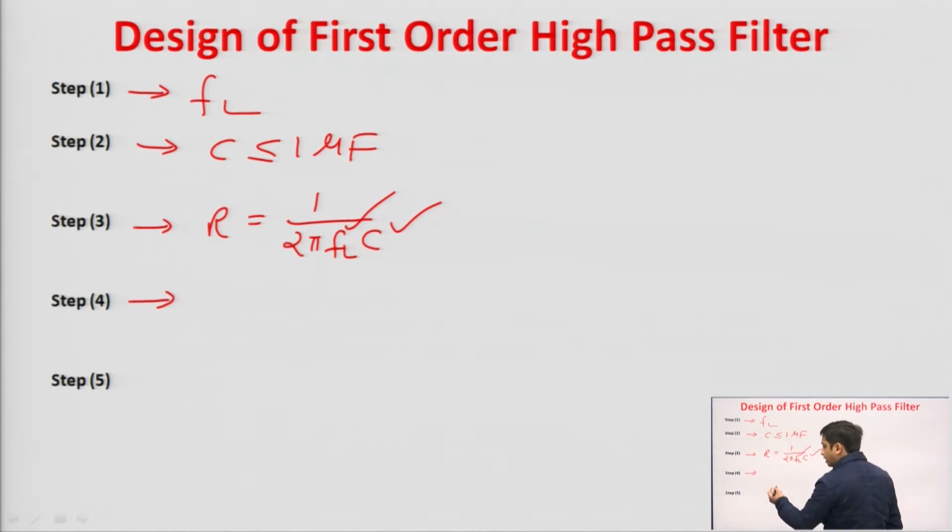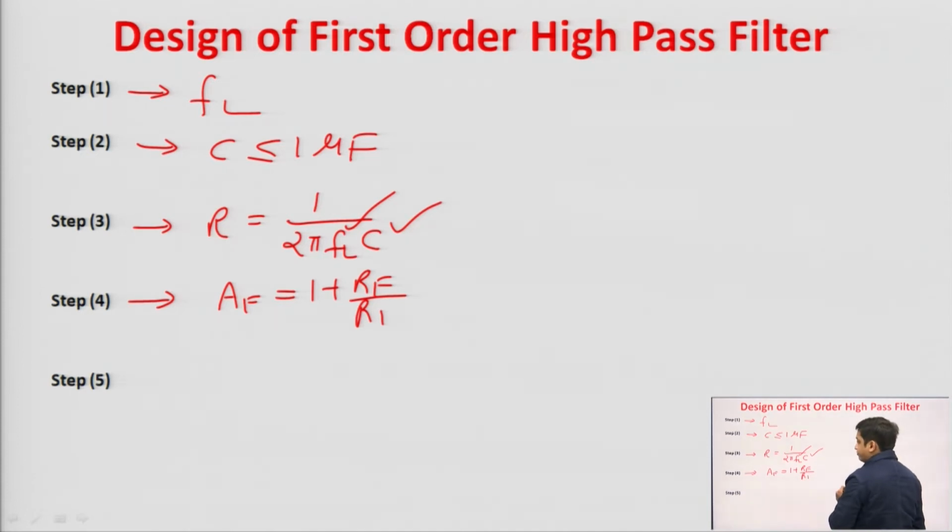In step 4 we can determine the value of R1 and RF from the passband gain. We know that the passband gain is 1 plus RF upon R1 because we are using the non-inverting configuration. The passband gain is normally given in the question. If it is not given, then we need to consider some value of AF.